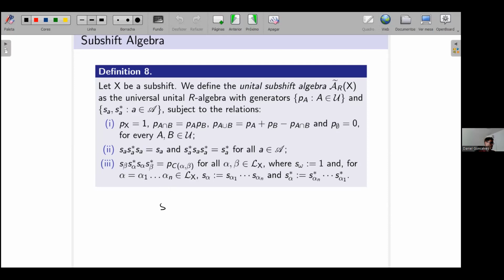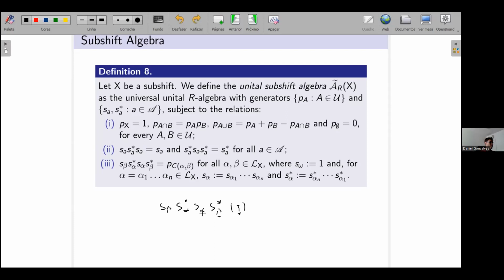So if you look at S beta, S alpha star, S alpha, S beta star, from the point of view of each S beta being represented by the map that adds beta in front of a path or a sequence, and the star erases beta if it starts with beta, then when we apply this to an element of the subshift, I would check if this element starts with beta. If it starts with beta, I would erase this beta, so that's what S beta star would do.